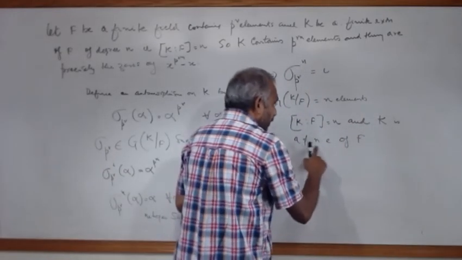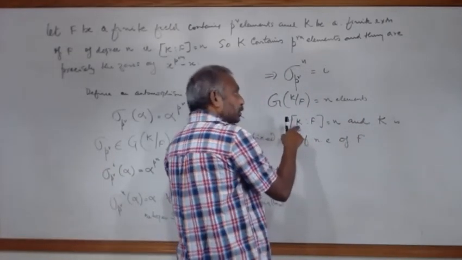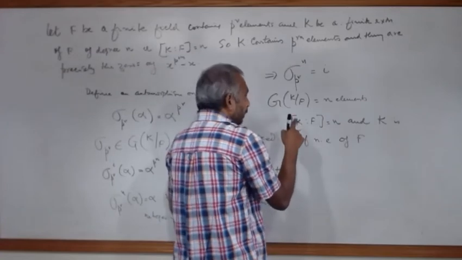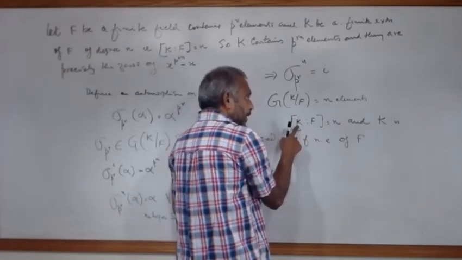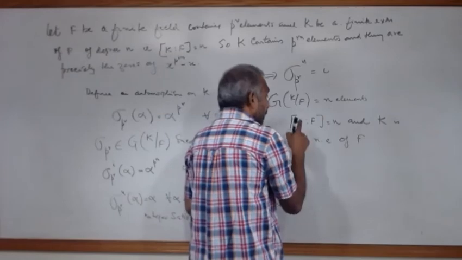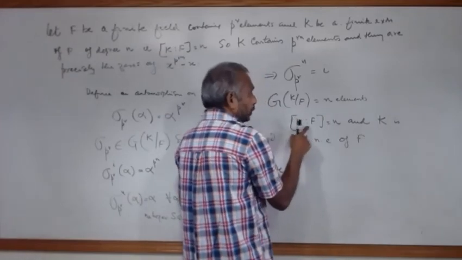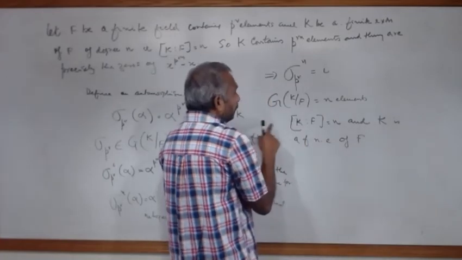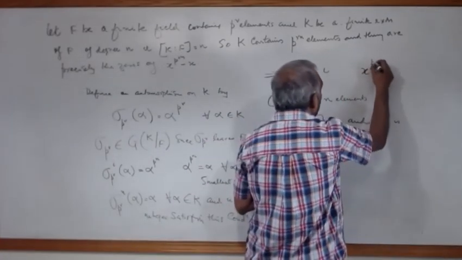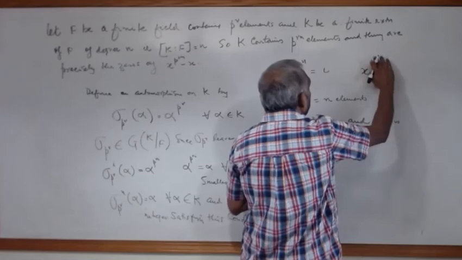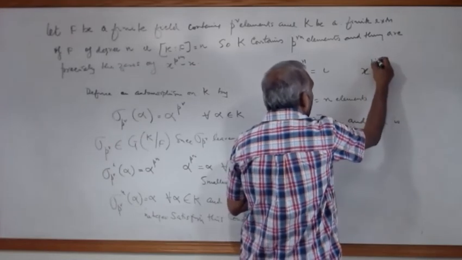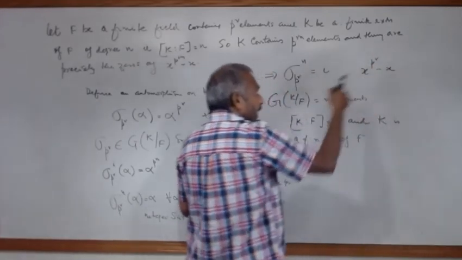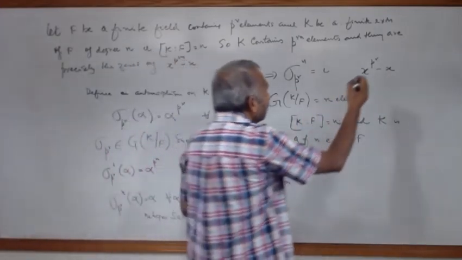Why finite normal extension of F? Definitely K is a splitting field. Definitely K is a finite extension. And definitely K is a separable extension also, because all the roots of x to the power of p to the power of r minus x are distinct.